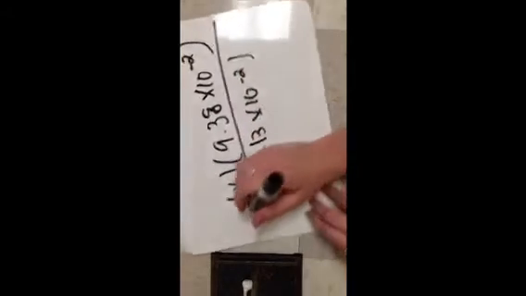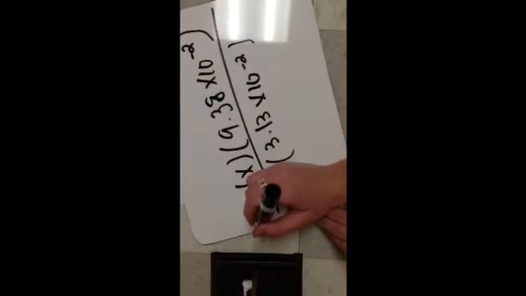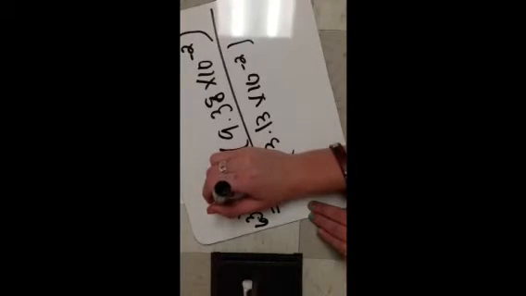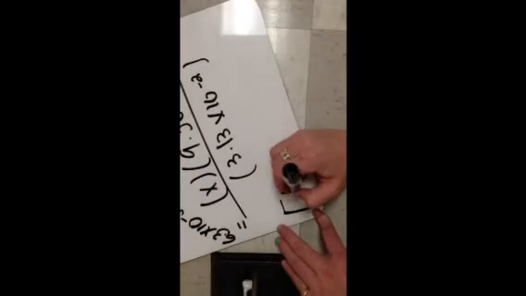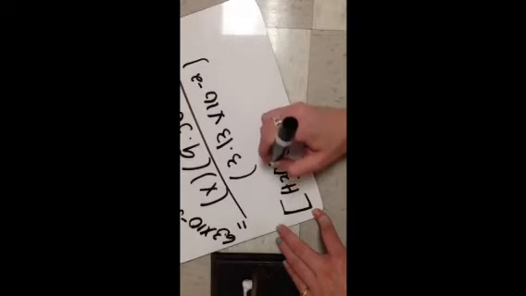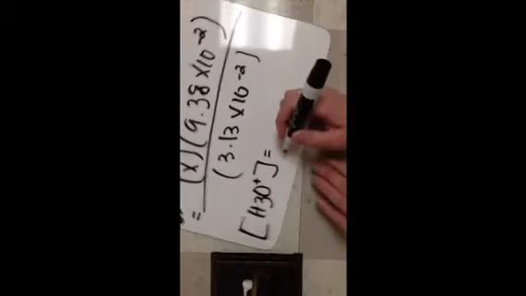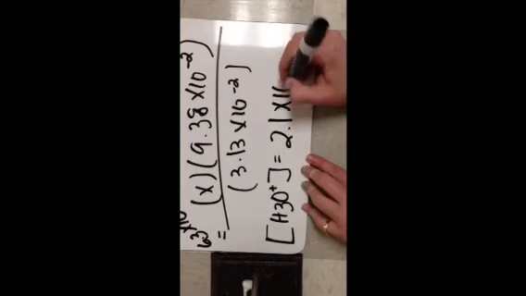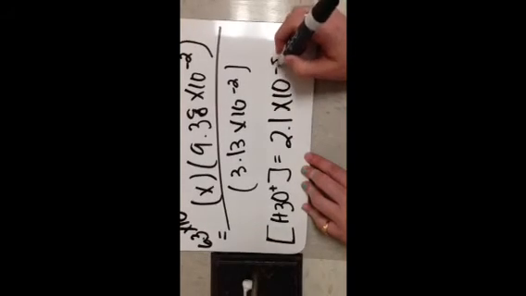And that's our Ka, so that equals 6.3 times 10 to the negative fifth. And so our H3O plus equals 2.1 times 10 to the negative fifth molar.